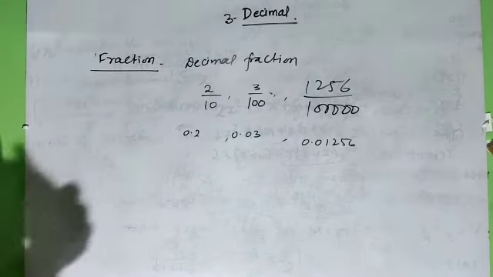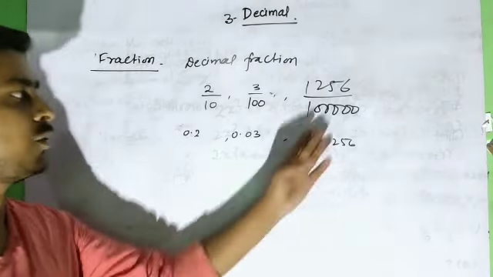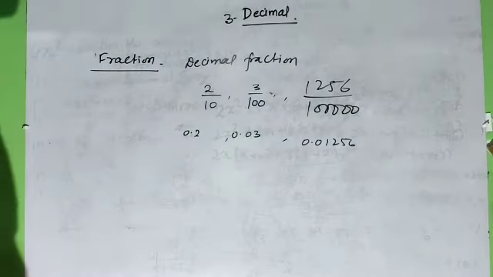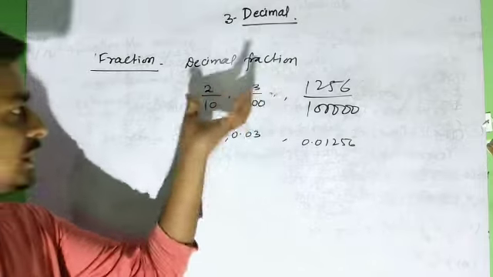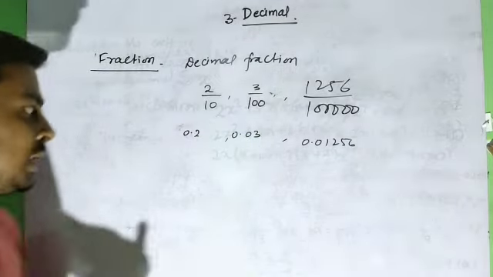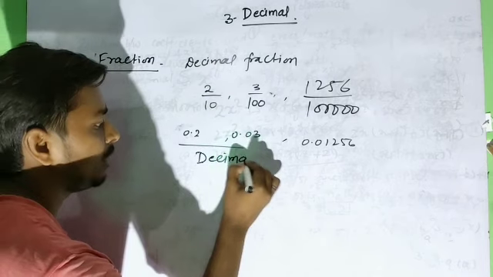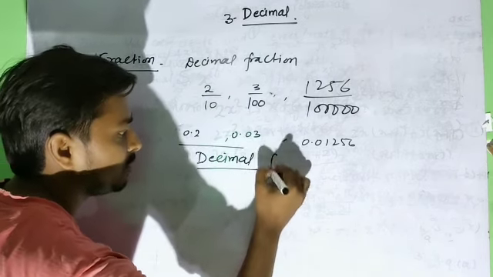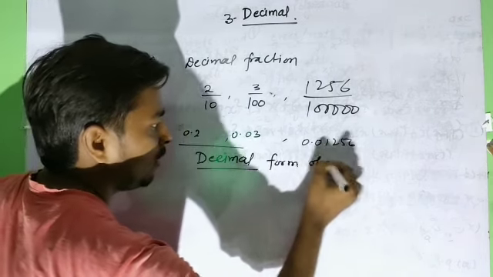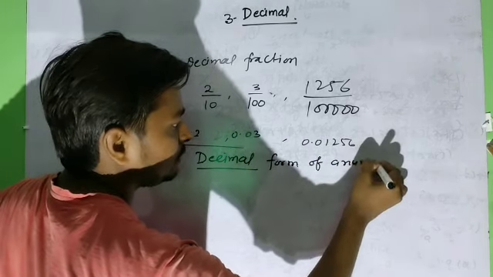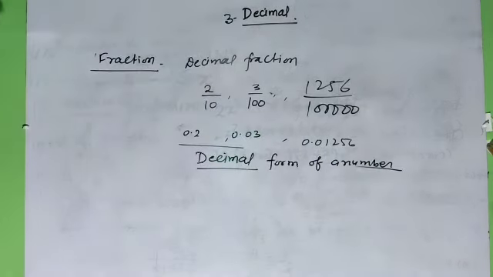You can divide it by 1 lakh 10. So we can write these fractions in this form. This form is known as the decimal form of a number.